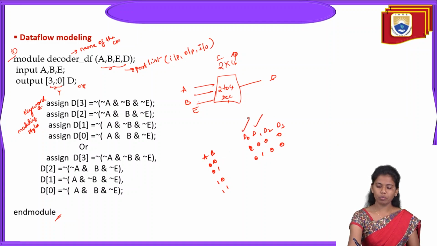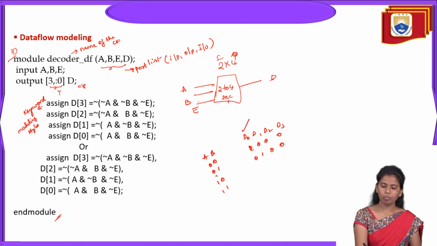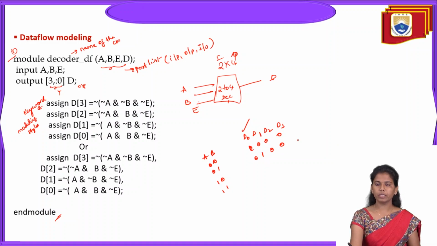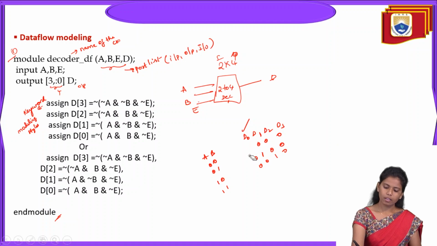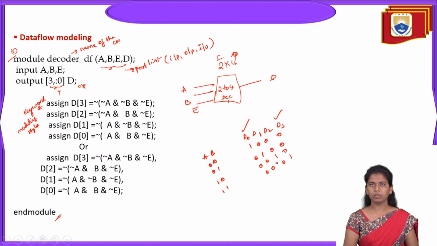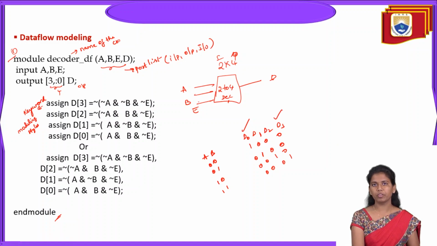D0 will be enabled and D1, D2, D3 will be disabled. When one of my inputs is 1, D1 is enabled and all the rest of the bits will be disabled: 0 0 1 0. And then when all my inputs are 1, D3 will be enabled. So this is nothing but the mechanism of a decoder.